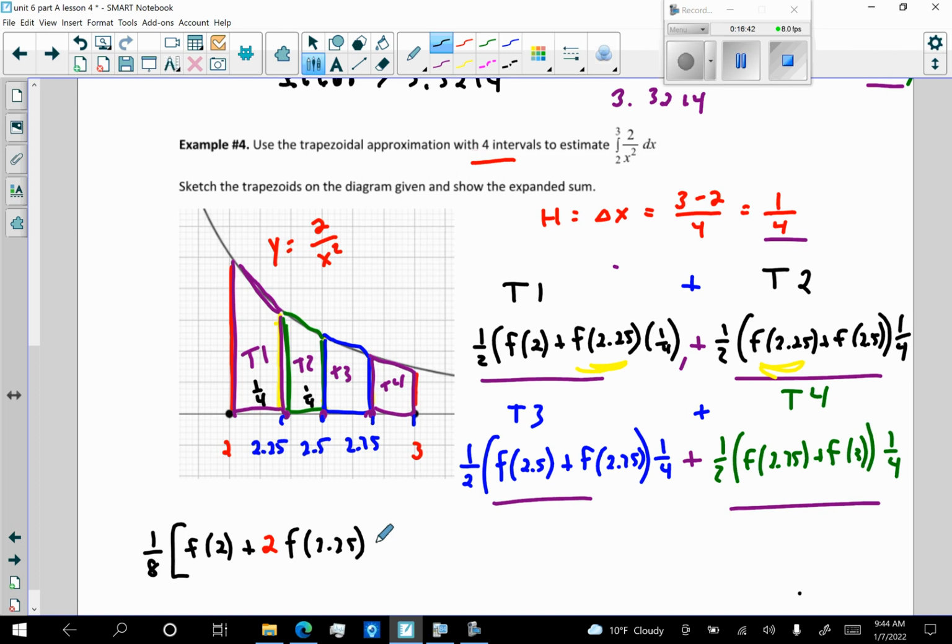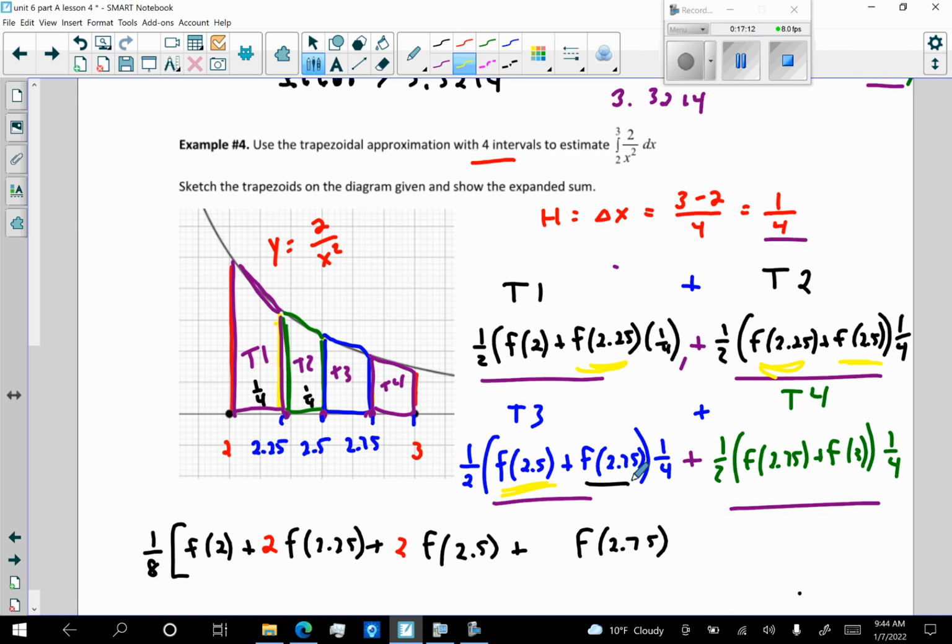And I'm going to add to that 2 of f of 2.5, because I have f of 2.5, f of 2.5. I have 2 of those, plus f of 2.75.